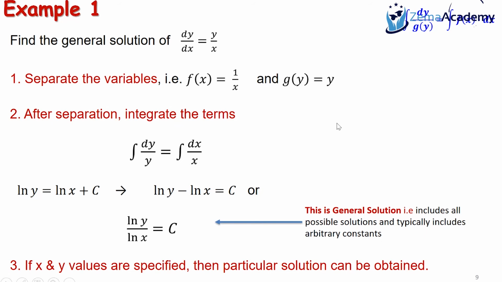Now if I know the value of x and y, let's say I know the point (0, 1), then I can calculate my constant c, and I can place that value of c in this equation.